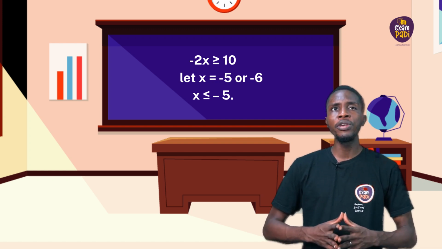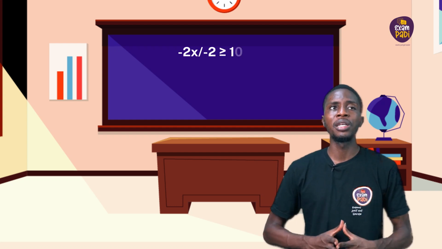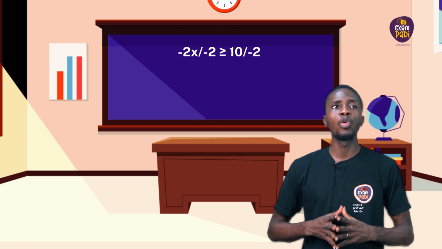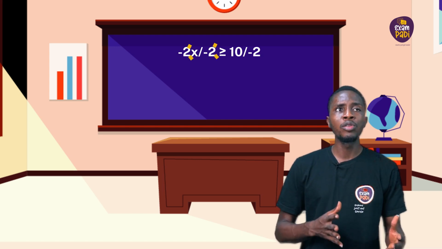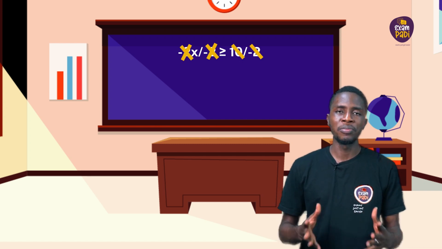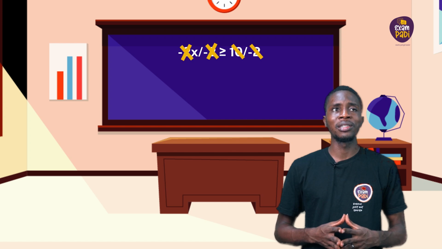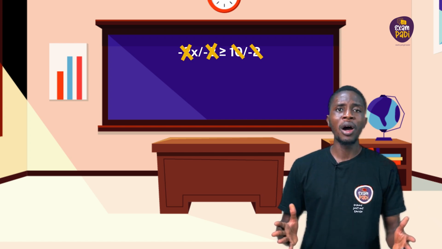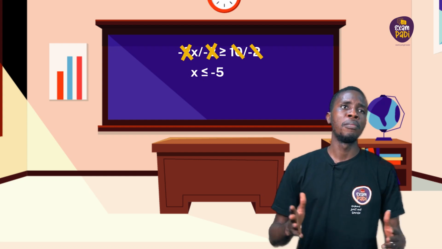In the process of solving this inequality using algebraic methods, you would have something that looks like the following. Minus 2x divided by minus 2 greater than or equal to 10 divided by minus 2. Minus 2 would cancel minus 2. 10 divided by minus 2 is minus 5. Therefore, there will be a change in sign. As said earlier, our final answer will give x less than or equal to minus 5.